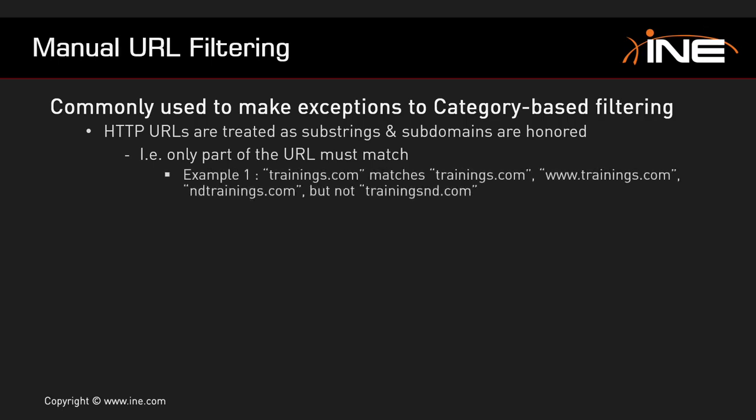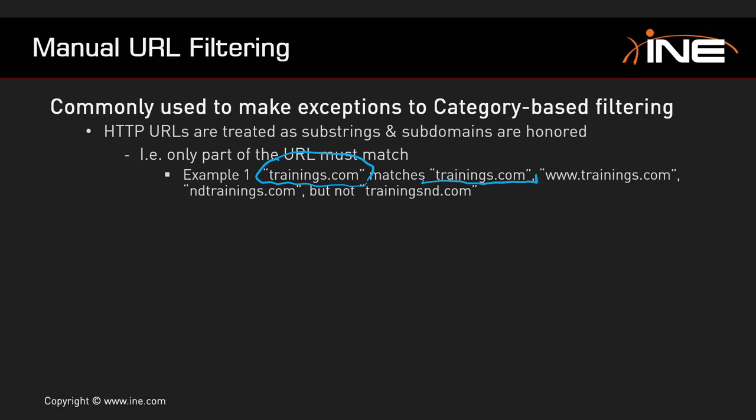And just to give you an example, when you build an object that includes this value, trainings.com, so this is just the one first level domain, this is going to match obviously the request sent to the domain itself.